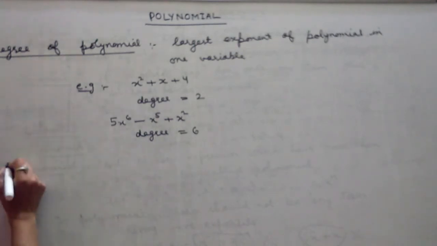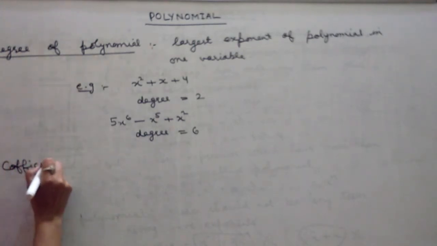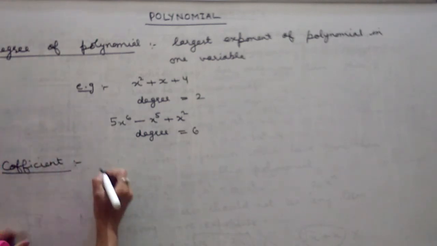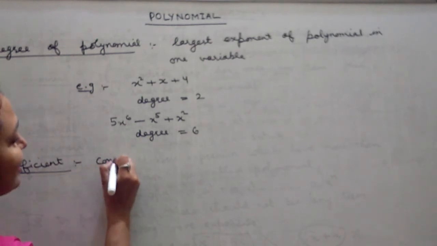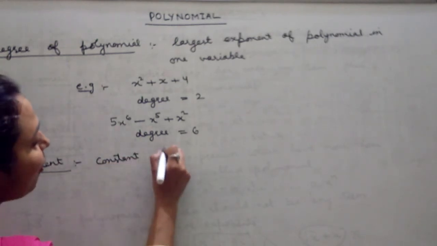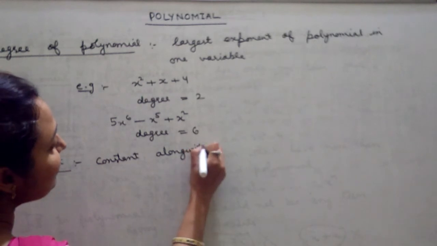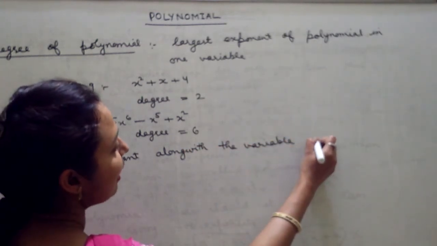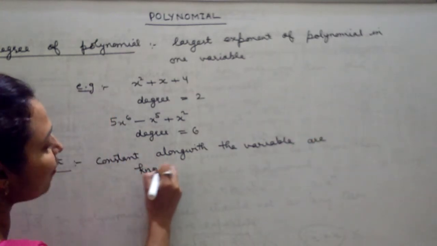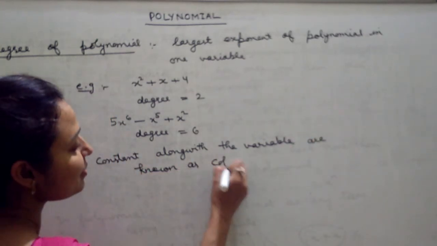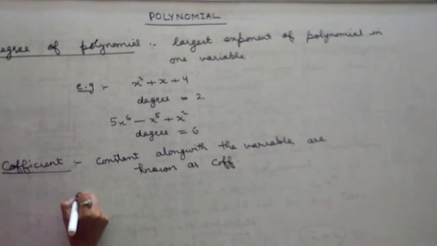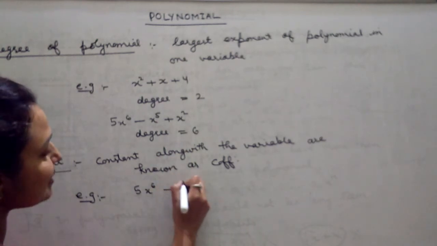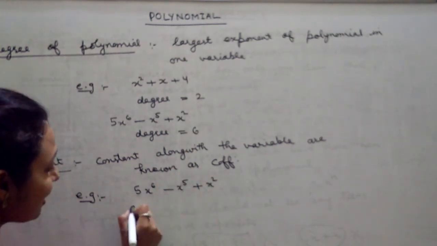Okay, what are coefficients? The constants along with the variables are known as coefficients. For example, we have 5x^6 minus x^5 plus x square.